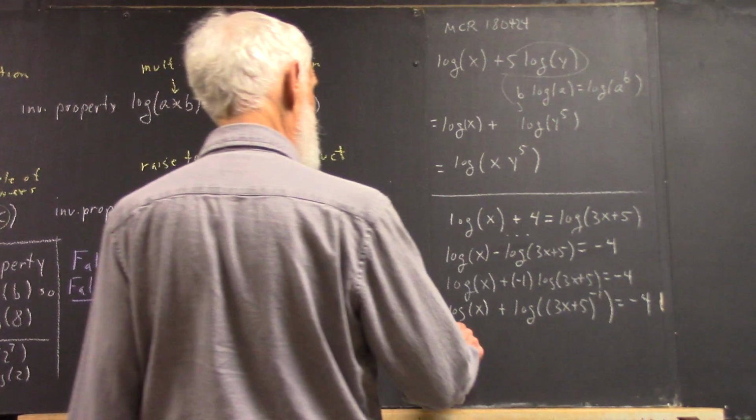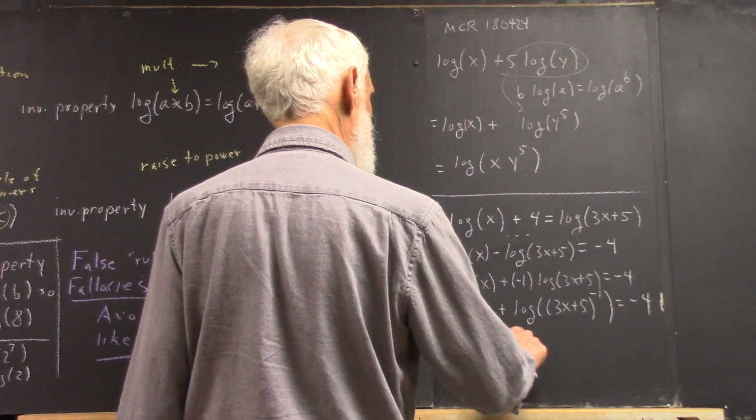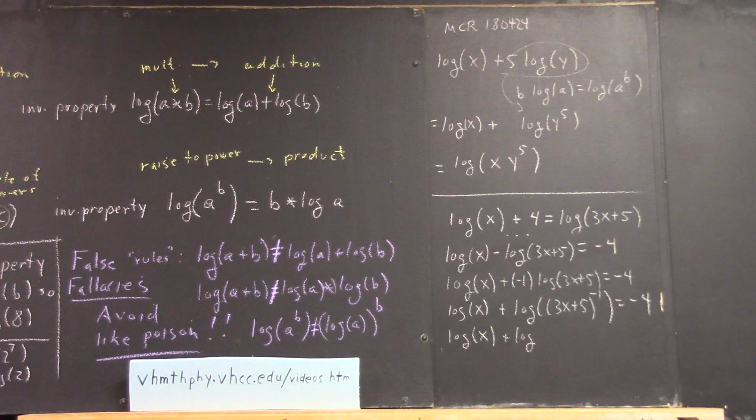And of course, that says that the log of x, what is 3x plus 5 raised to the negative 1? Right. Negative log 3x plus 5. No, this, what's x to the negative 1? What's that mean? 1 over x. Yeah, it means 1 over x.